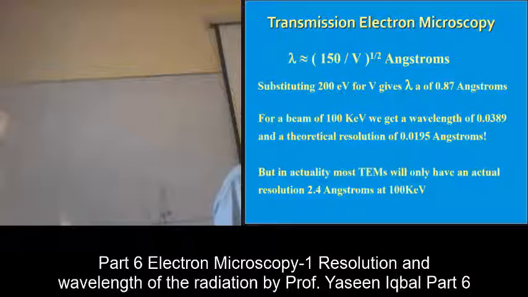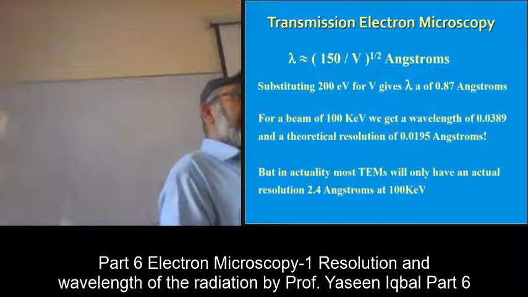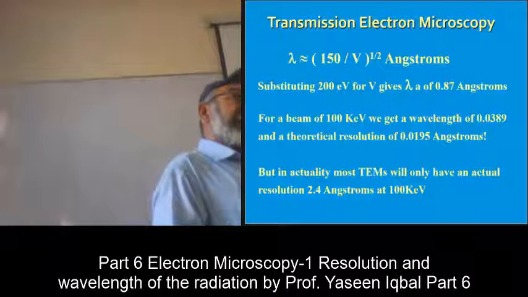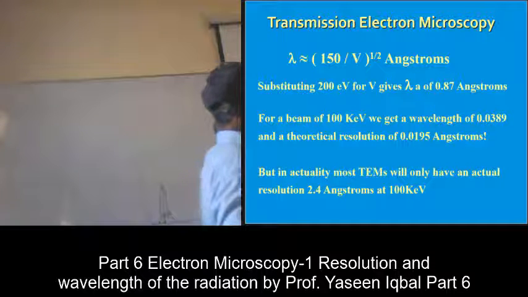But this is theoretical. Right? If theoretically I go, I will get this. But when I go through the potential which accelerates the electron, then it gives me that, practically.